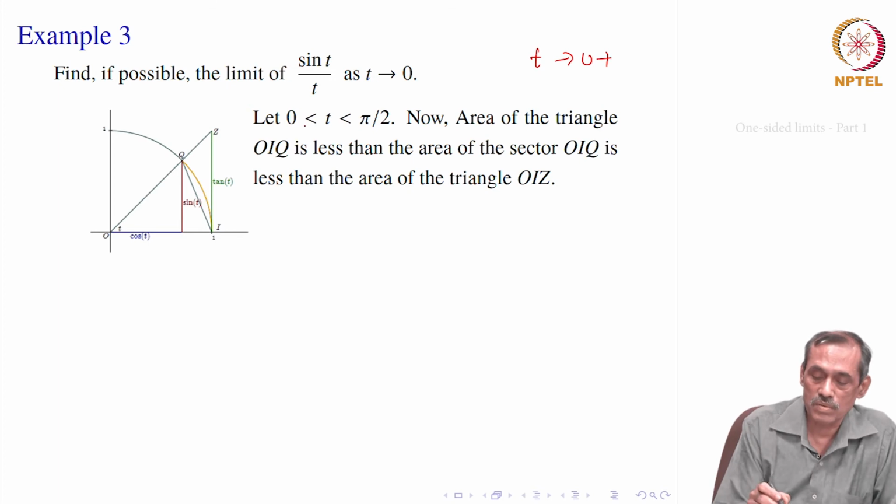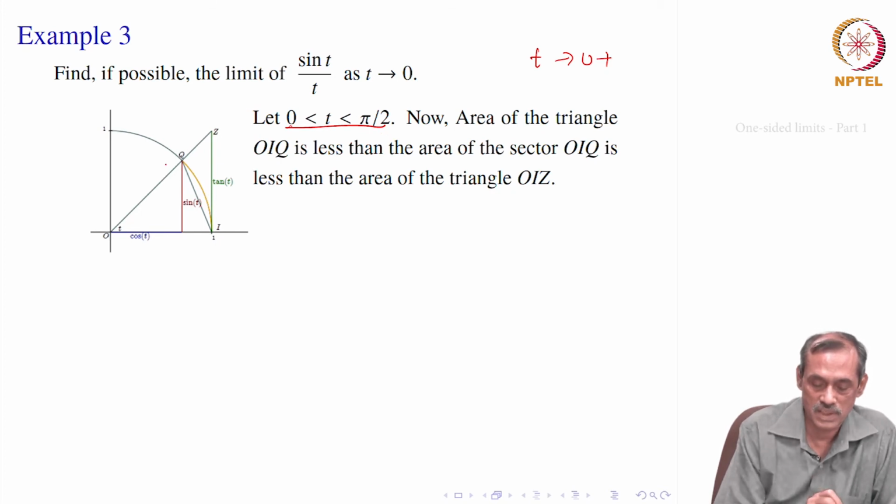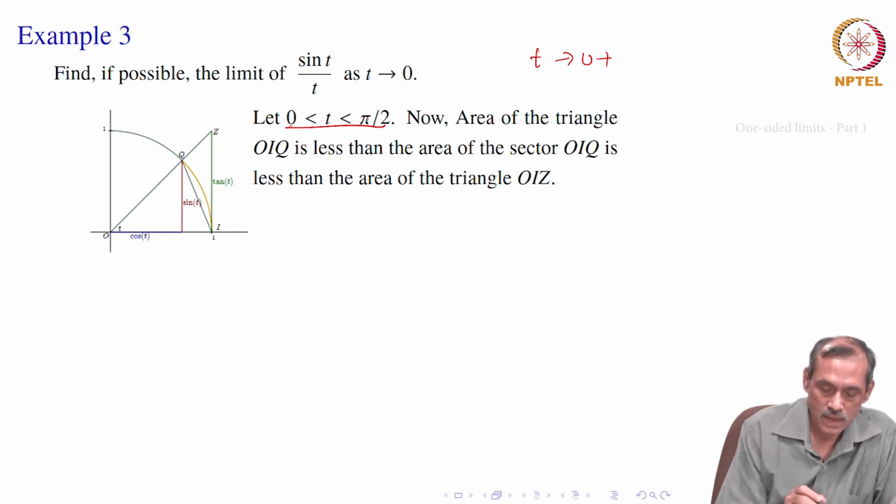So, even for 0 to pi by 2, we can have some derivation and then proceed. It is enough if you take t varying between 0 and say 0.1, but let us see for this, it will be easier. So, suppose t is between 0 and pi by 2. So, this angle is 0 to pi by 2, that is our t now.